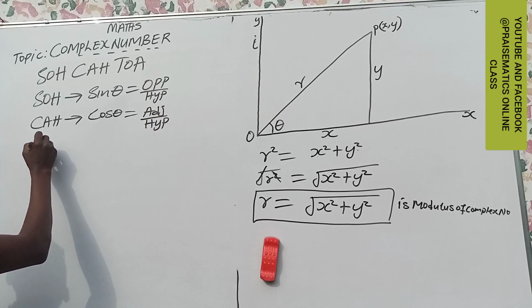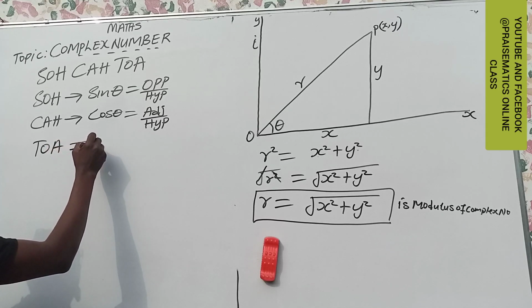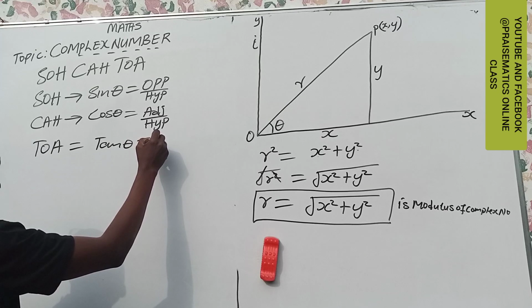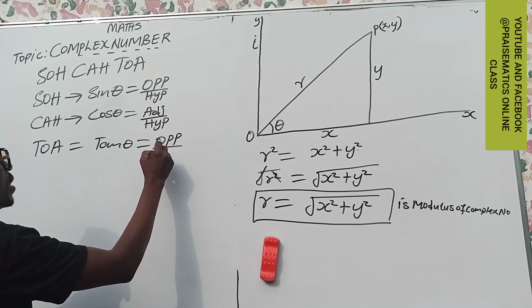And TOA implies tan theta equals opposite over adjacent.